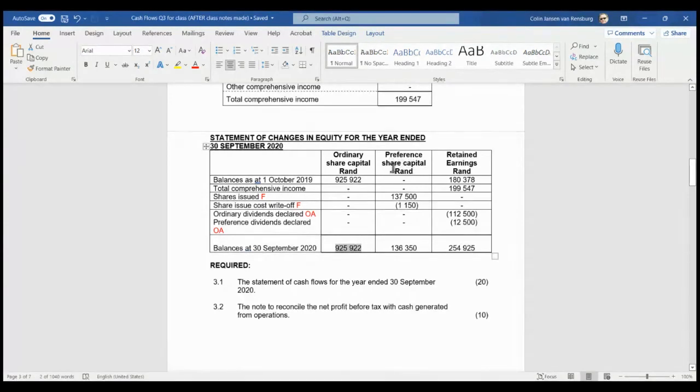Let's go to the other class of share capital. Here we've got preference share capital. So what happened here? At the beginning of the year, we had none. There was a zero balance. Then, ladies and gentlemen, we see that shares were issued during the course of the year. We've even indicated it with an F when we initially analyzed this whole question.